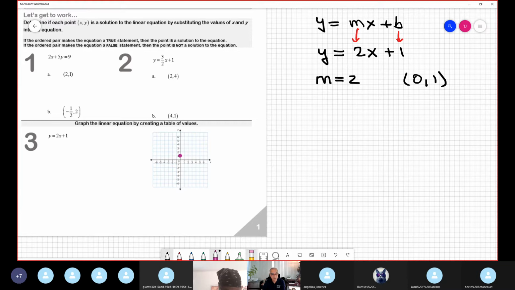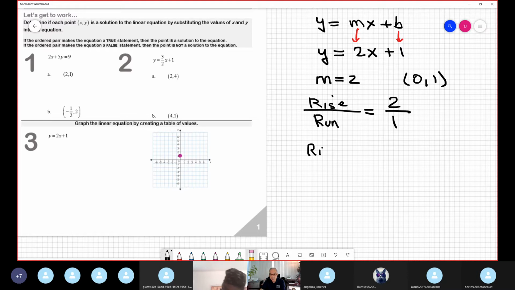And from this point, remember the idea for the slope. Slope by definition is the ratio between two quantities. It's called rise and run. In our specific example, 2 is a whole number, so I consider it 2 over 1. If it's a fraction, no, but in this case, a whole number, you consider it as 2 over 1.